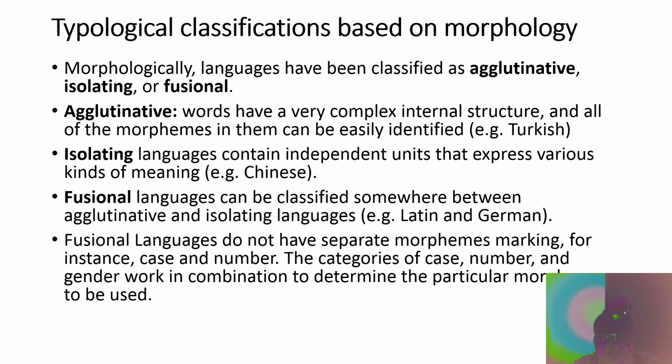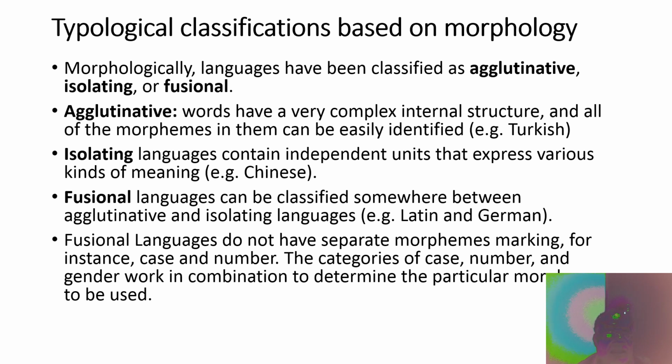The first one is agglutinative, and the second is isolating, and the third is fusional. As for the first one, which is agglutinative, in this classification, words have a very complex internal structure, and all the morphemes in them can be easily identified.